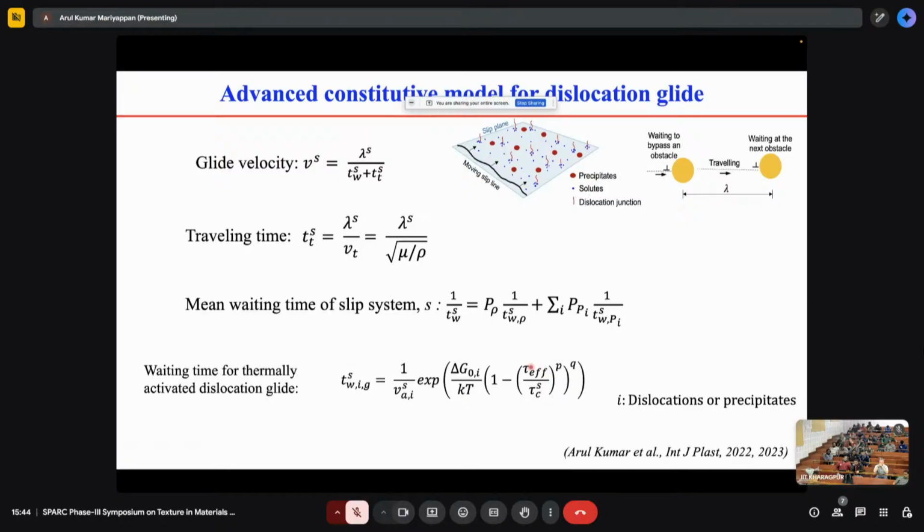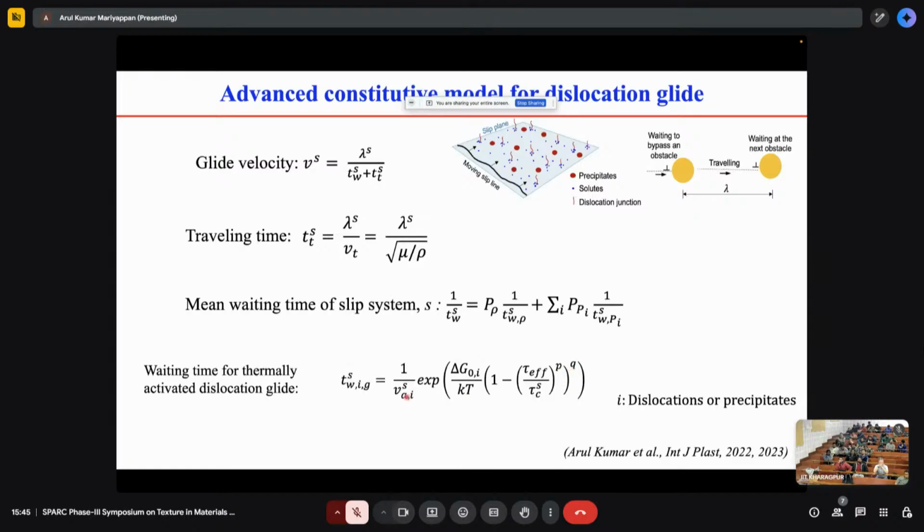One is the effective stress we have at the dislocation to bypass the obstacle, and the other is the critical strength we have here, which is often called the critical resolved shear stress, tau CS. In addition to that, we have two terms called p and q. The p and q denote the shape of the obstacle profile what we have here.